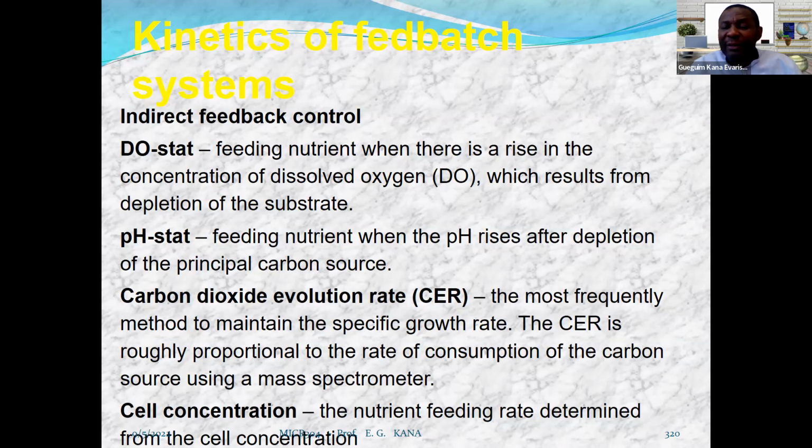Again, you can feed it based on the carbon dioxide evolution rate. That will determine when and how much nutrient should be fed in the reactor as well. You can also feed it based on the cell concentration. That is, you are monitoring the cell concentration in the reactor, and based on it, you determine how much nutrient should be fed in order to maintain mu, the specific growth rate, at the desired value.